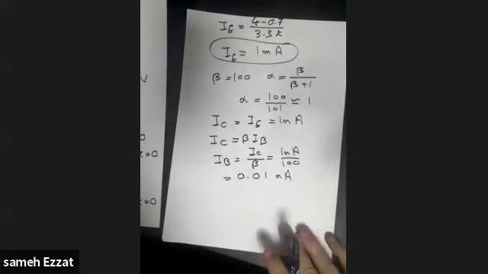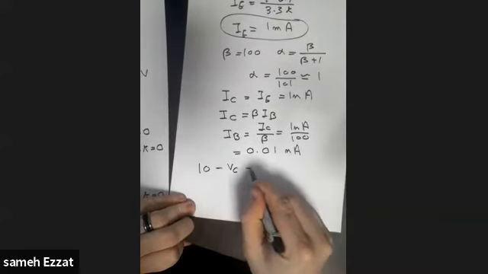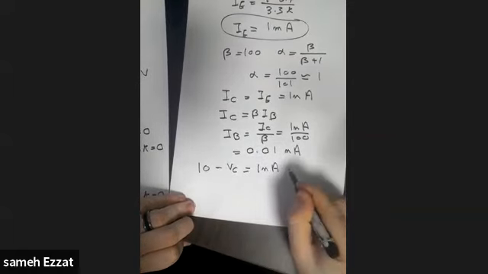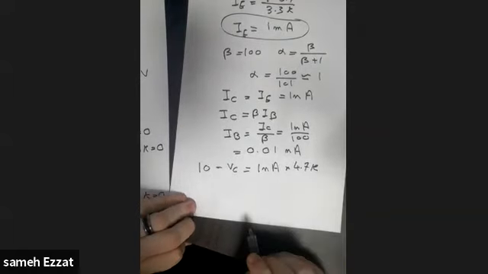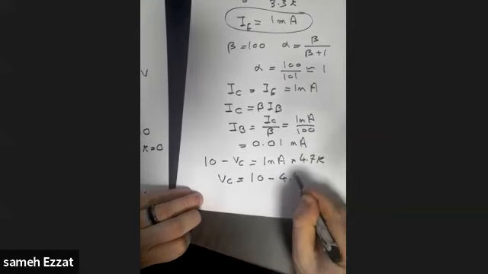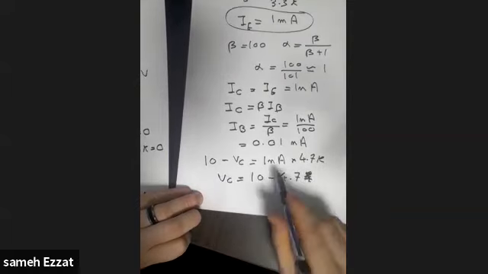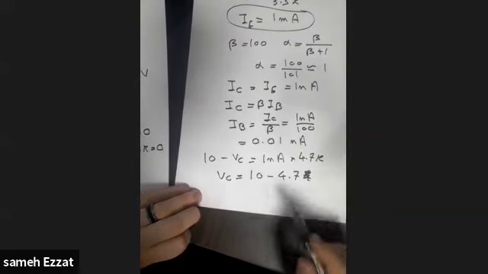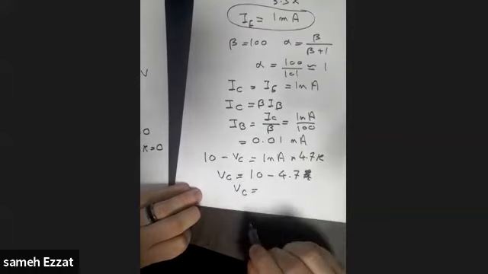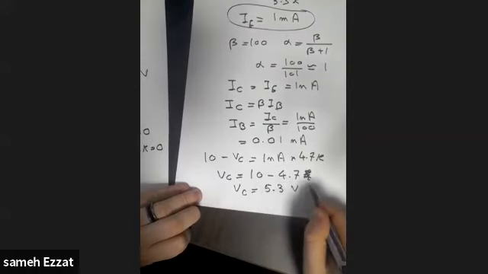So 10 minus VC is equal to 1 milliampere times 4.7K. So VC equals 10 minus 4.7K. Or sorry, 4.7 volts, since milli times kilo is volts. So 10 minus 4.7, that's why VC is equal to 5.3 volts.